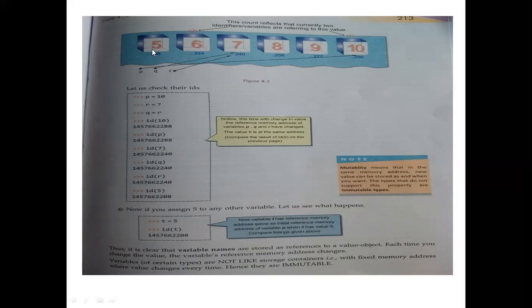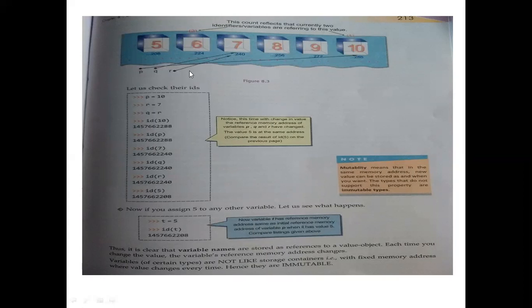So this integer value is immutable. 5 का value change नहीं हुआ, लेकिन जब मैंने लिखा p equal to 10, that means p now refers to another location where 10 is contained. That is a memory space where 10 is stored, and p now refers to that address. So only the address changes.